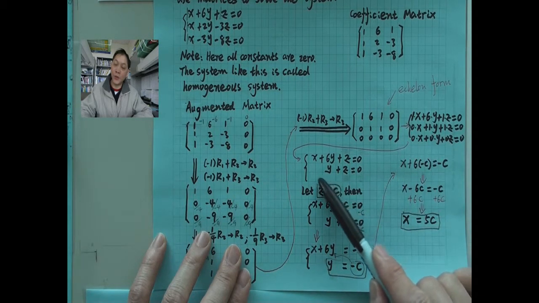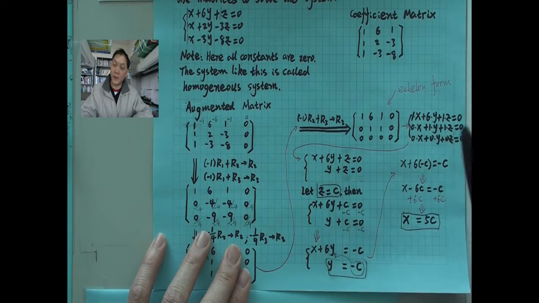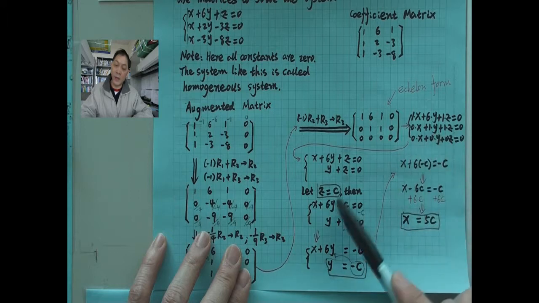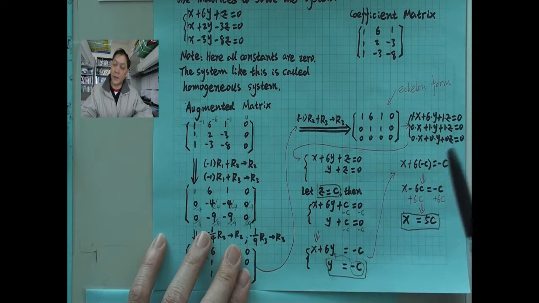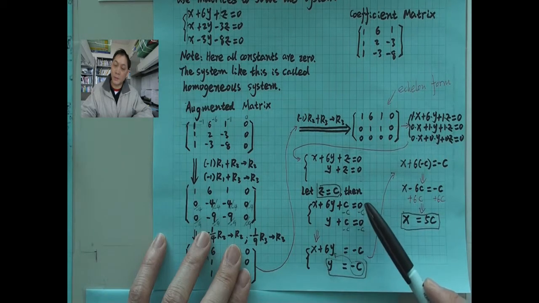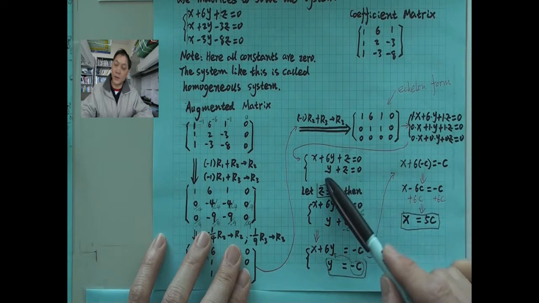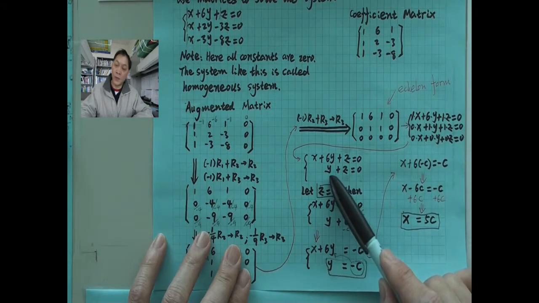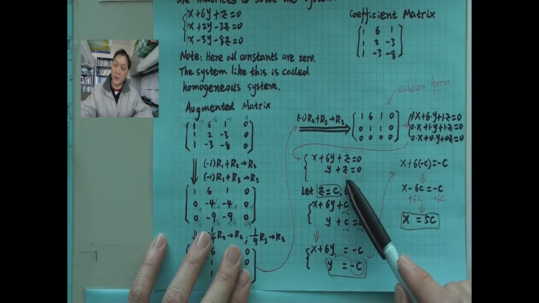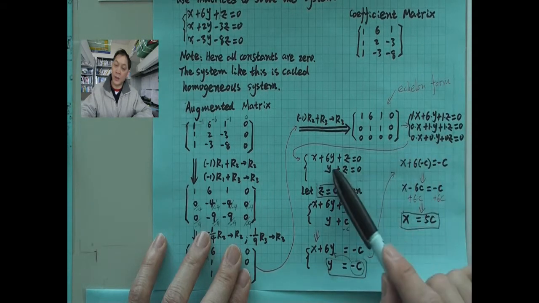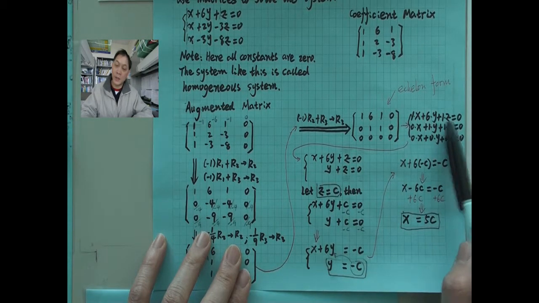So basically, you don't need to write row 3. 1 times y is y. Okay. And then 1 times z is z. 1 times x is x, 6 times y is 6y, and 1 times z is z.